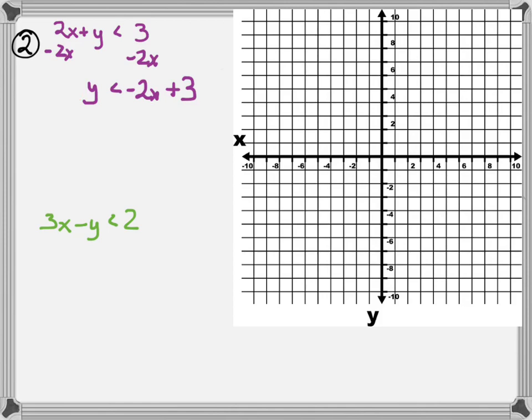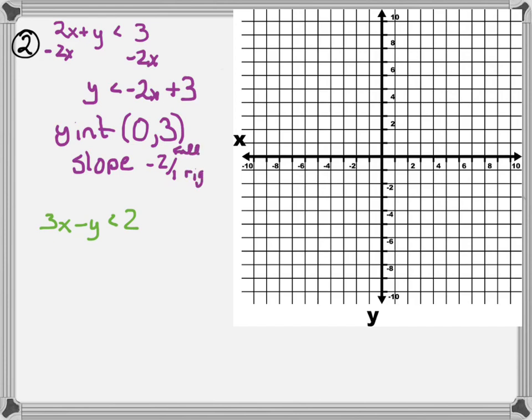I just need to identify both my y-intercept, which is at (0, 3), and my slope, which is -2, which means -2/1. That means I fall 2, right 1.